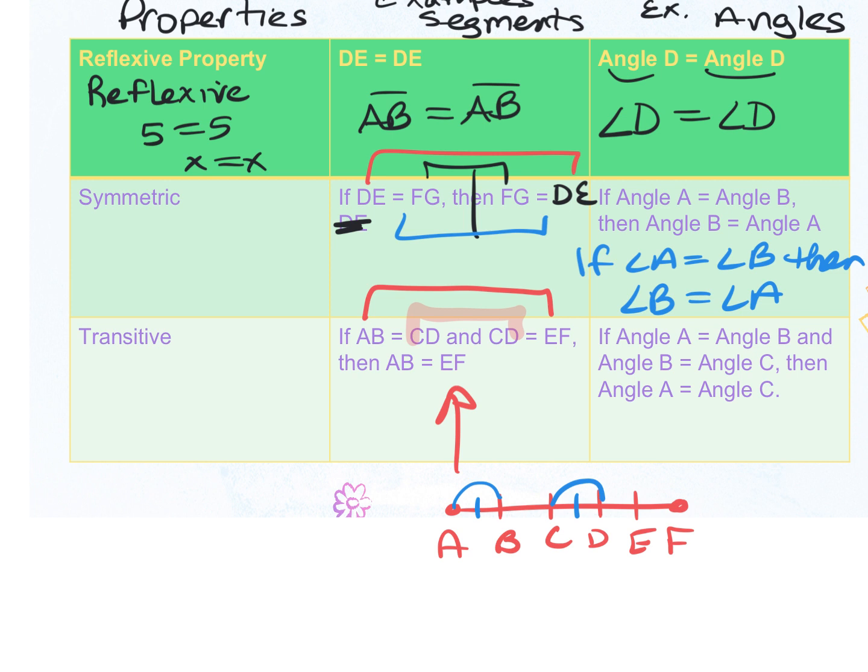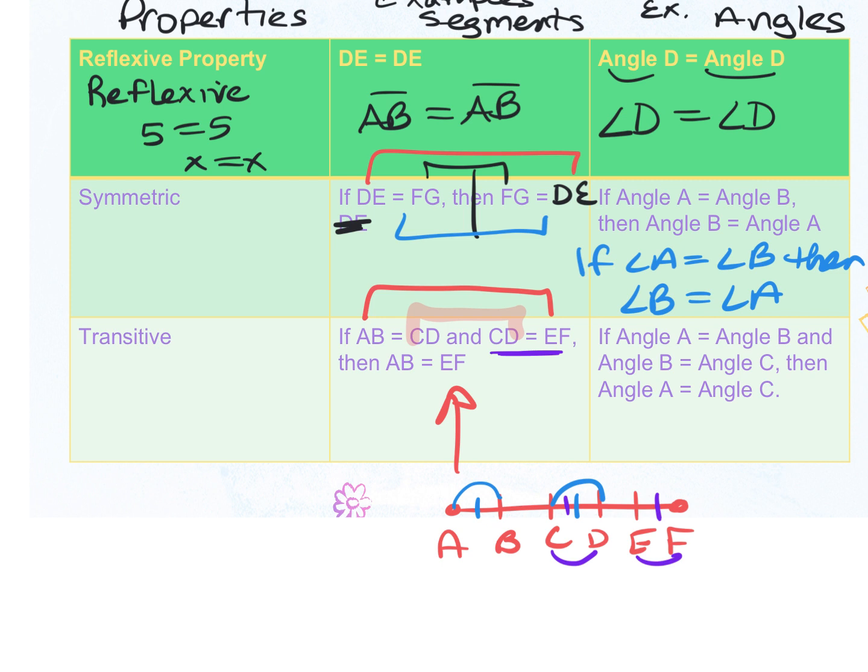And then it also says that CD equals EF. So CD is here and EF is here. So these are also equal.